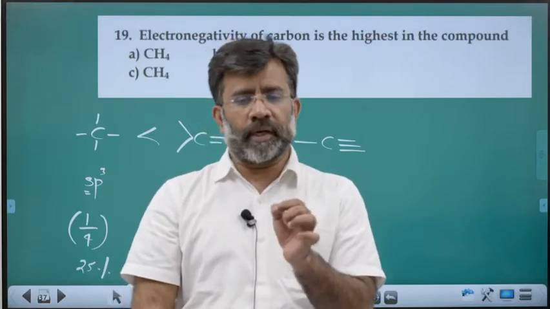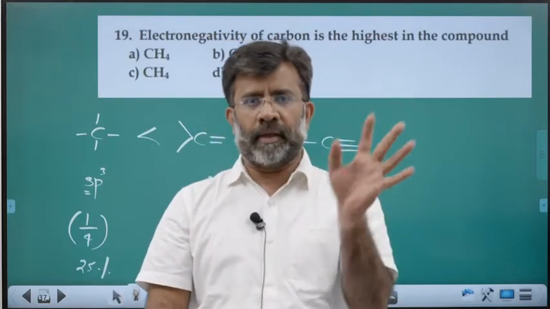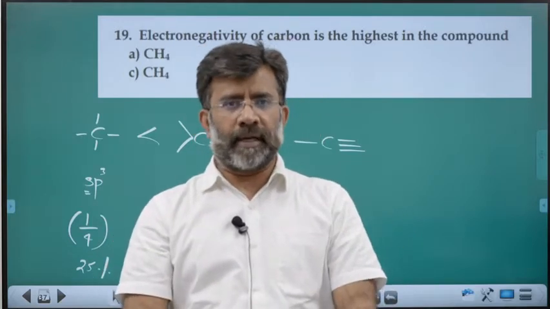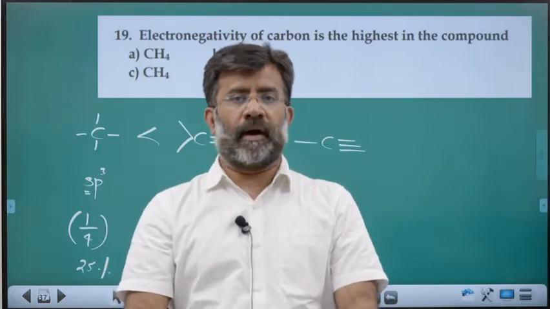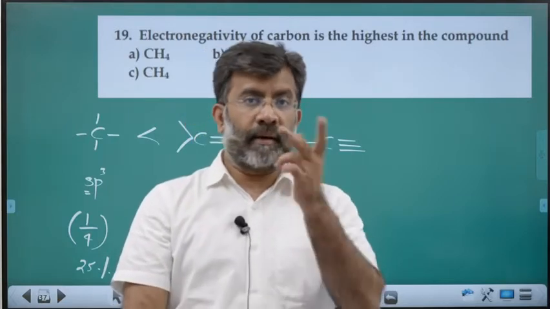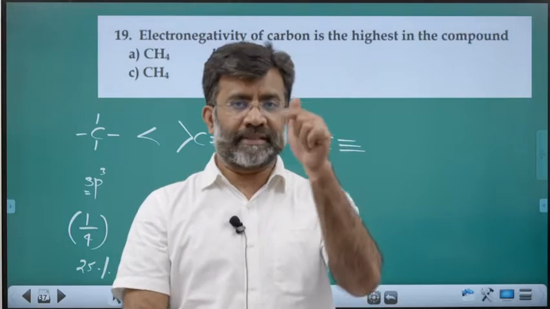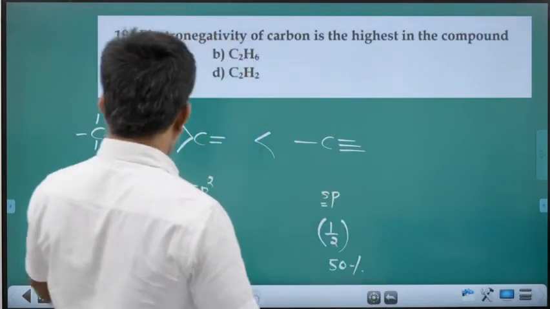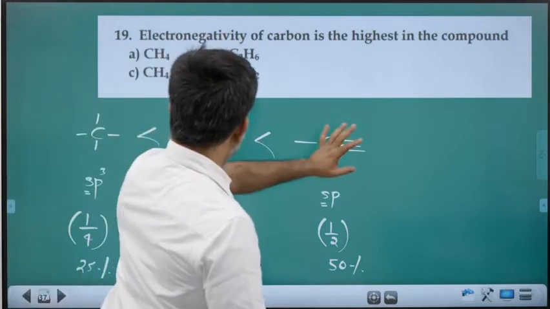So electronegativity is not a fixed property. It depends on the nature of bonding. So keep it in mind, single bonded carbon is less electronegative than double bonded carbon, which is less electronegative than triple bonded carbon. You know, this is alkane, alkene, alkyne.